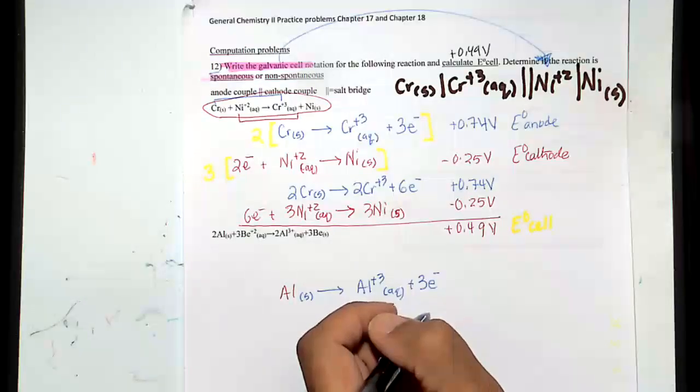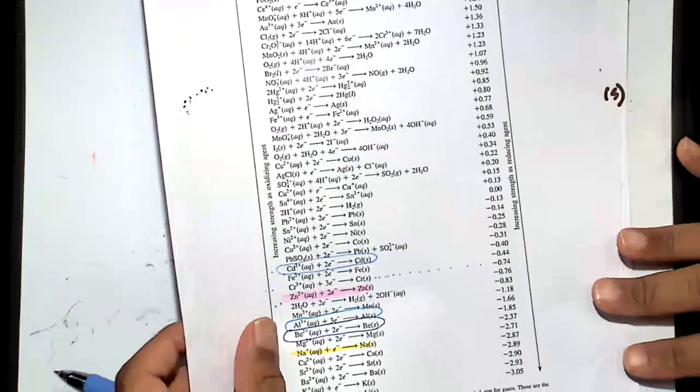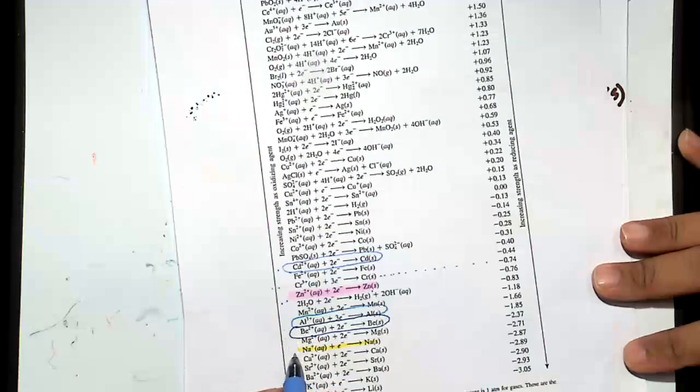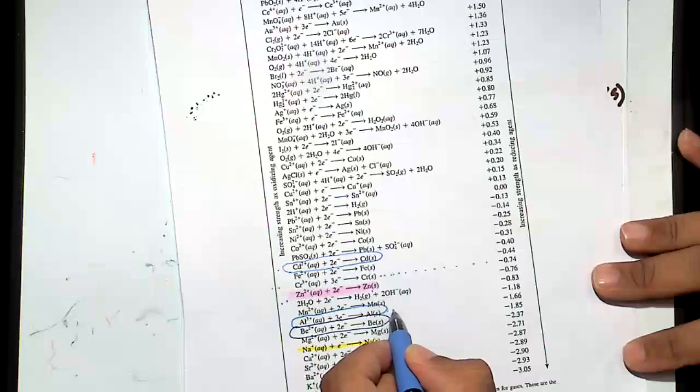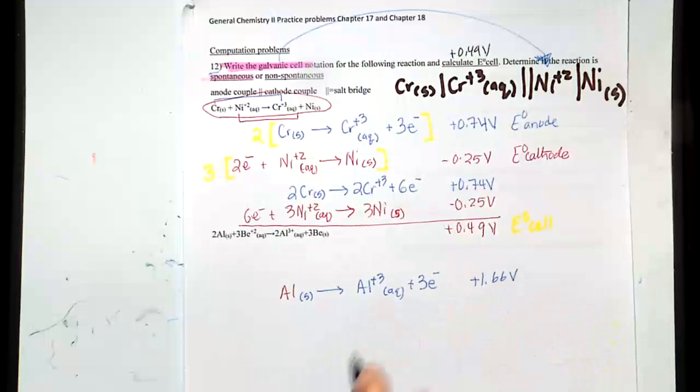Okay, I found it. Negative 1.66, but we're going to flip it and make it positive 1.66 volts.